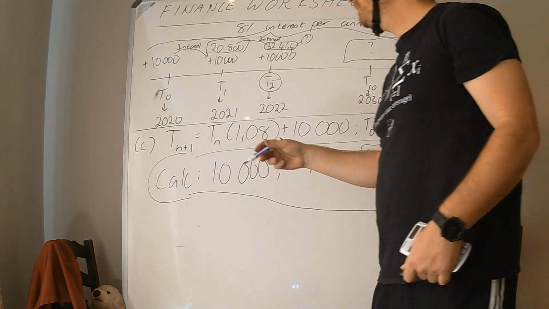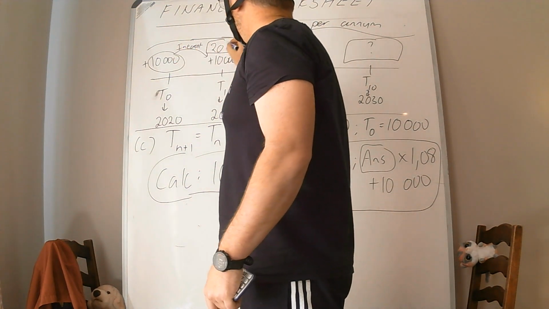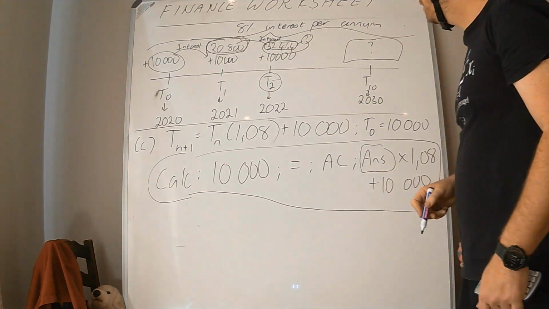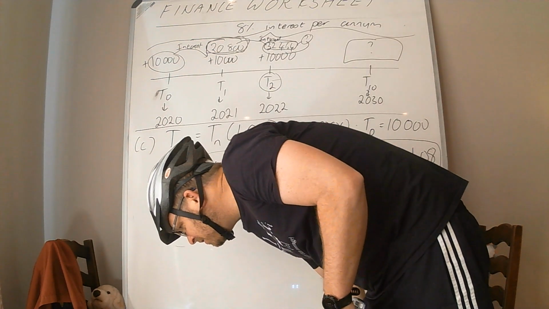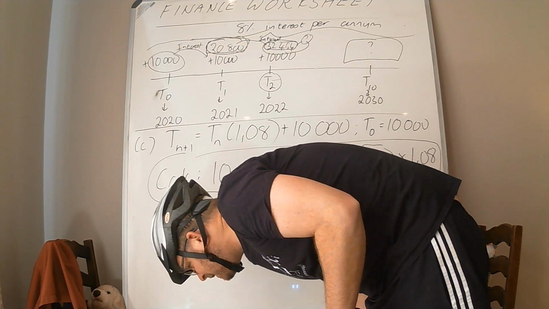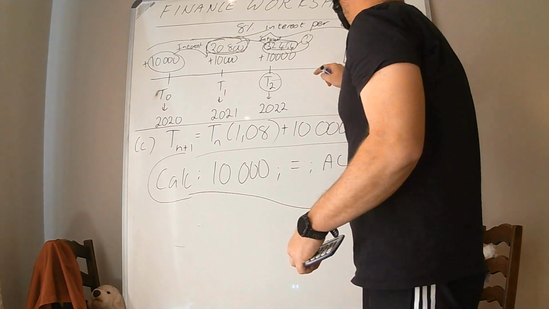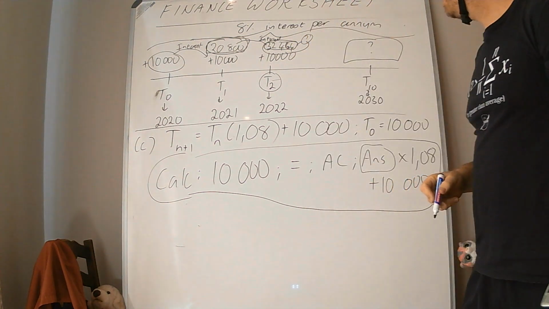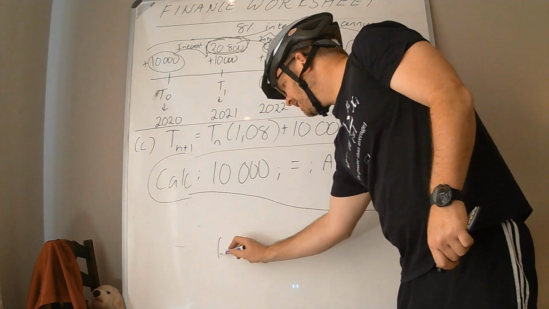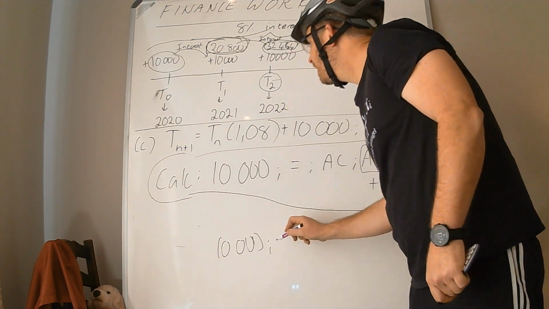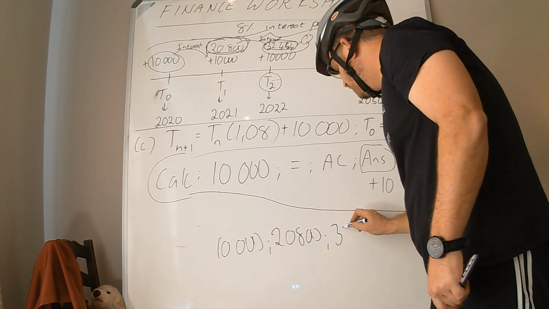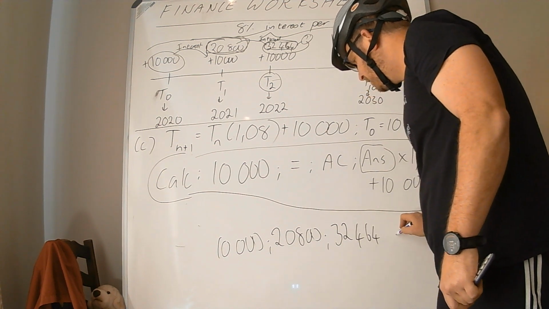So you've got a sequence really, which goes 10,000 as your first term, 20,800 is your next term, and 32,464 is your third term. So that's just a recursive sequence.